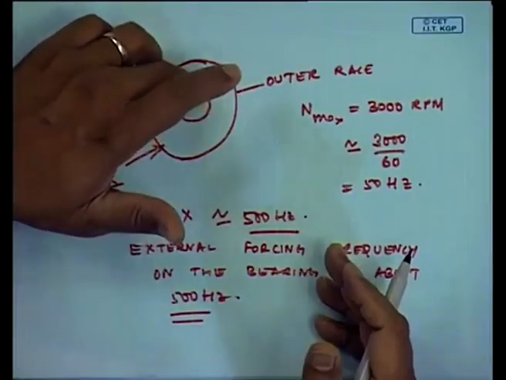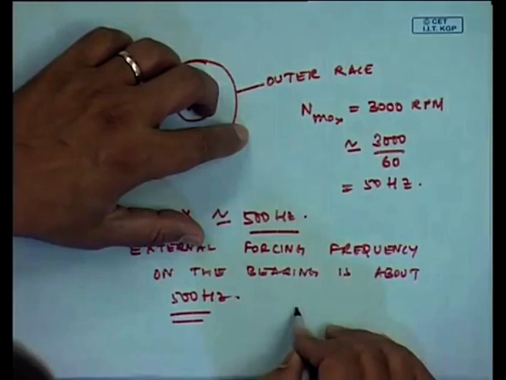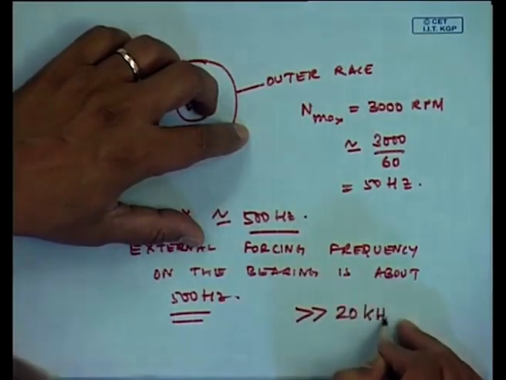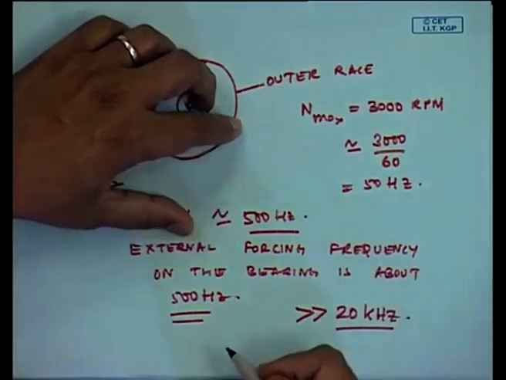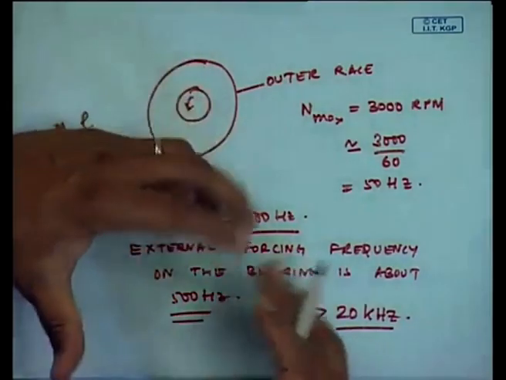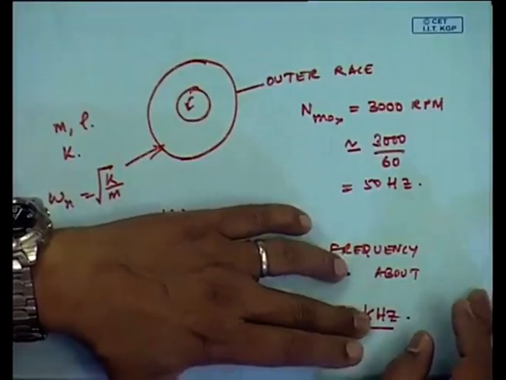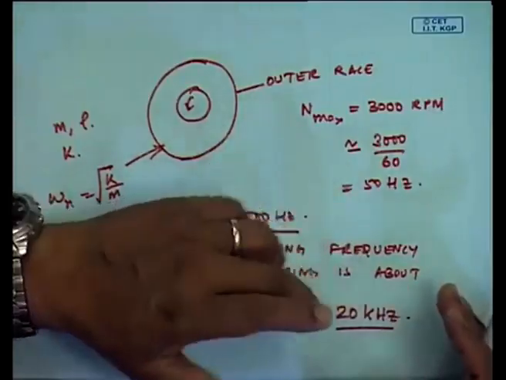So, no designer would do that. Usually, as a thumb rule, the natural frequencies of the structural elements of the bearings are much higher, above 20 kilohertz, so that during the operation of a bearing, these do not get excited, and the bearing does not have large motions because of resonating conditions.